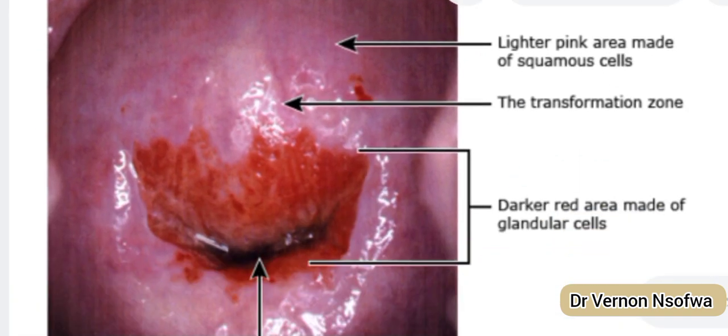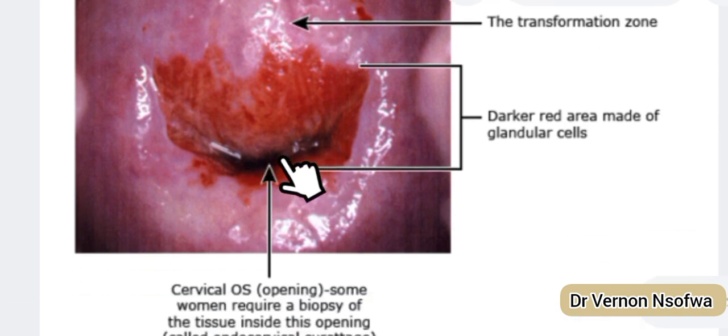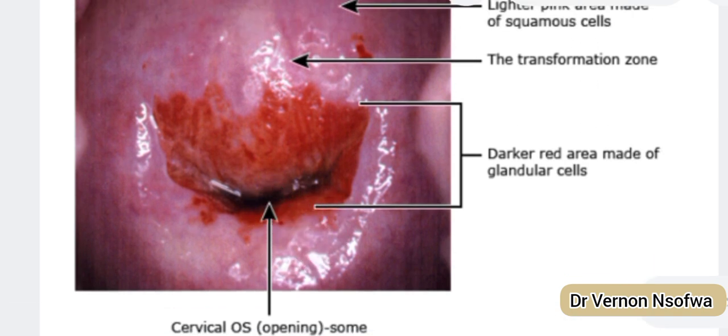That's what happens. If you look at this image here, this is the cervical os, which is simply the connection between the uterus and the vagina. So you can see the cervical os, and look how it's looking here. I've got the transformation zone, which is that region. That's where cervical cancer is going to start from, and then it's going to start invading other tissues around.